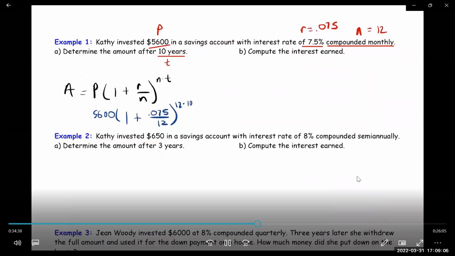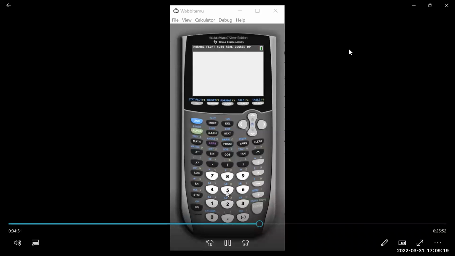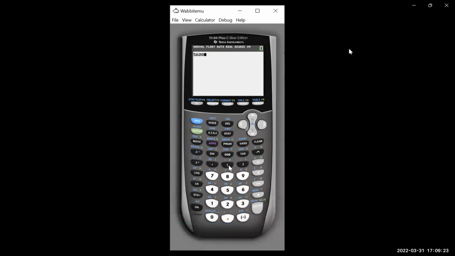All right, so clear. And let me share my screen. So 5,600, open parentheses, 1 plus R, 0.075. The R is the interest rate.